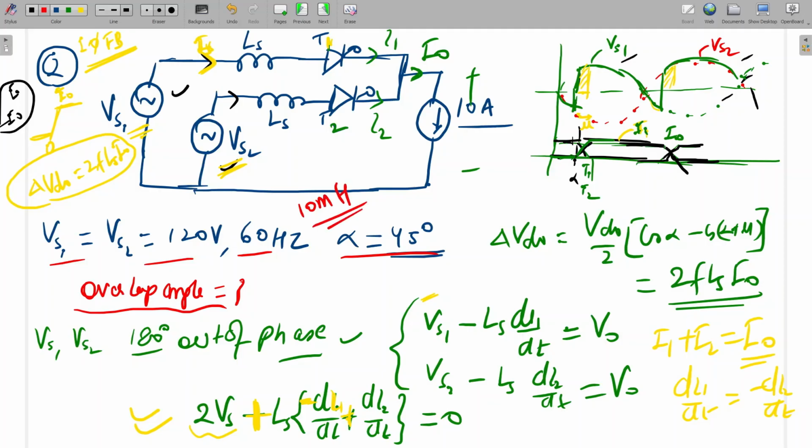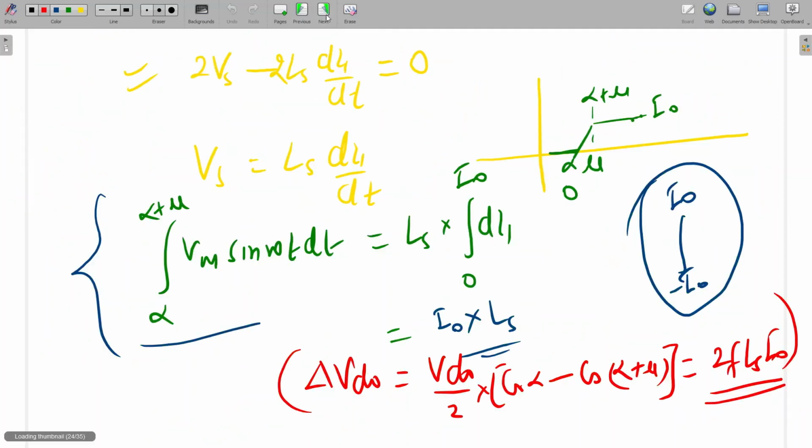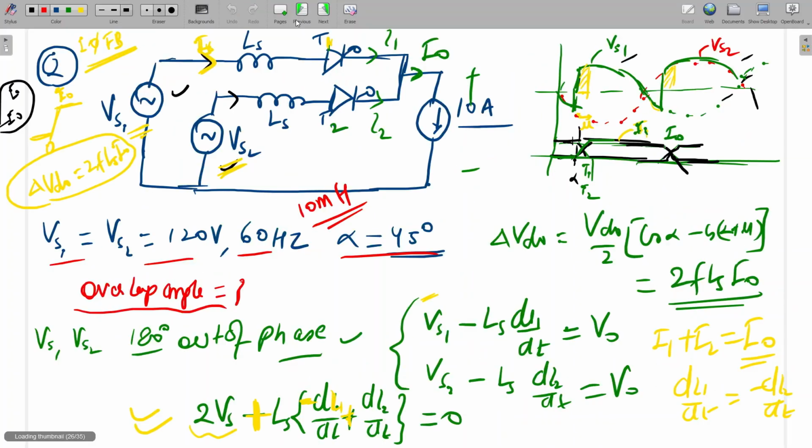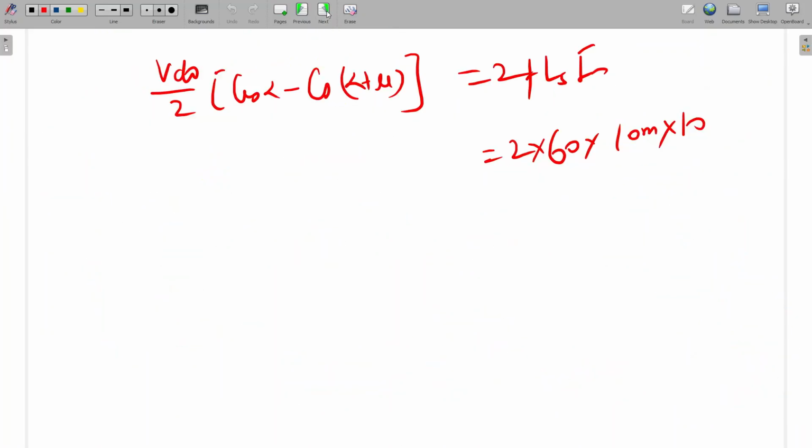Anything we can calculate. So what will be the value? 2 into 60 into 10 milli into how much output current? 10 ampere. Vs is 120. Alpha is given 45.